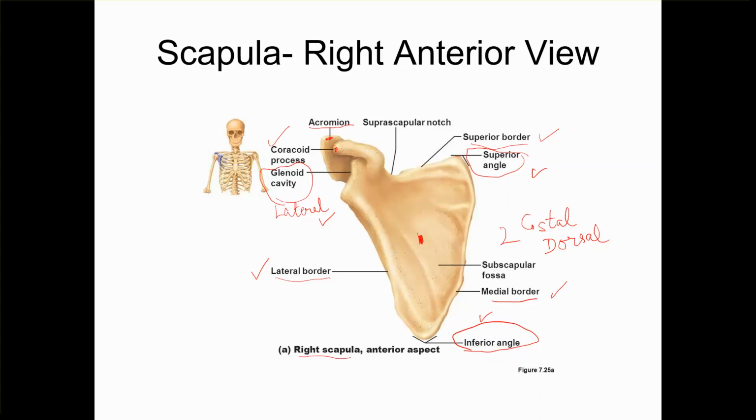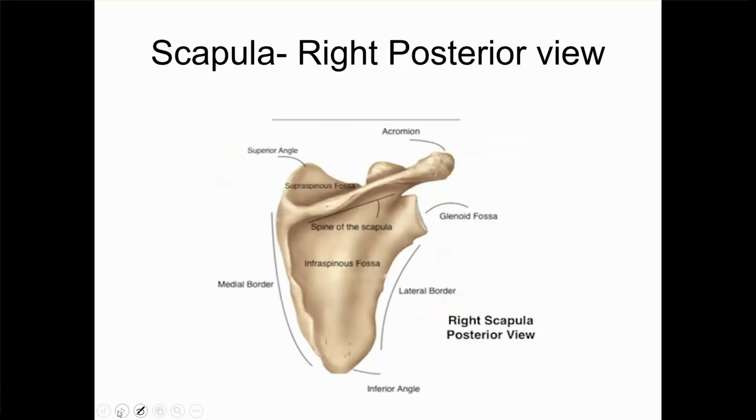Now I will move on to the next. Now you can see the same, it is the right sided scapula and it is the posterior view. So the name of this surface will be the dorsal surface. Again we have three angles: superior angle, inferior angle, and laterally the glenoid cavity, glenoid fossa.